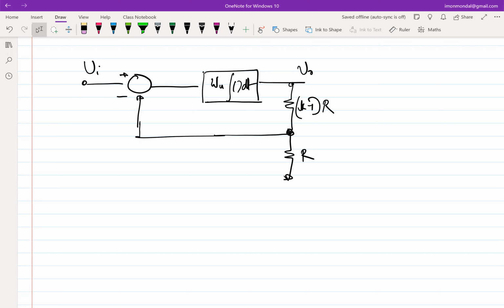Other way of saying it is that you will essentially achieve a virtual short between the error terminals, right? What is the error terminal? These are the error terminals. And when you have some element which has infinite loop gain in the loop, you will end up achieving a virtual short as long as you have made sure that the entire thing is in negative feedback and the loop has infinite loop gain.